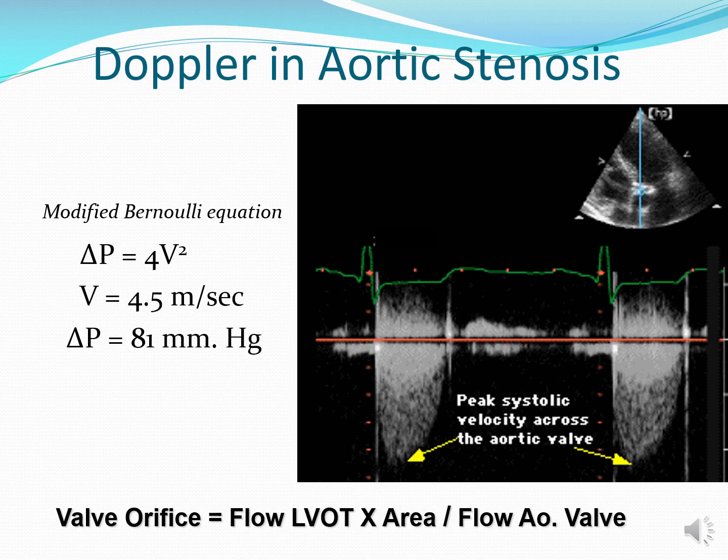So if our machine tells us the velocity is, let's say in this case, 4.5 meters per second, then just doing the simple calculation, we end up with a pressure gradient of 81 millimeters of mercury.